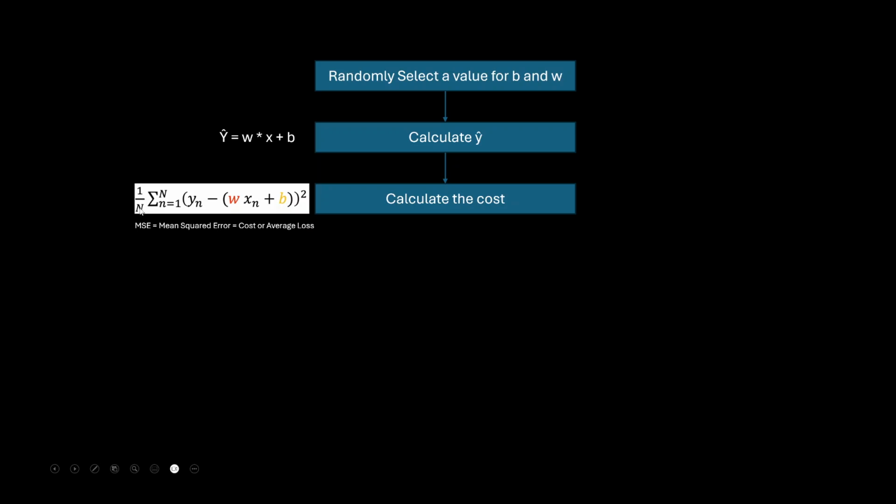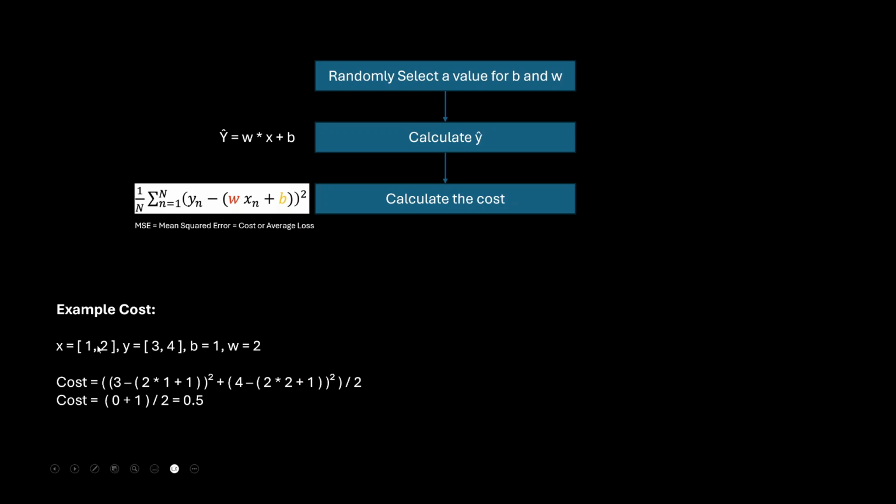So if we have 1,000 coordinates, x, y, input and output in the data set, if we have 1,000 pairs, n is 1,000. So we sum the error squared, and we divide by the number of samples. This is one way to calculate the cost.